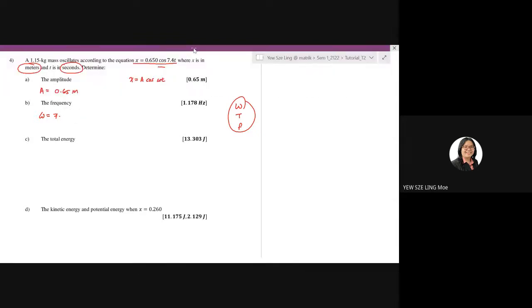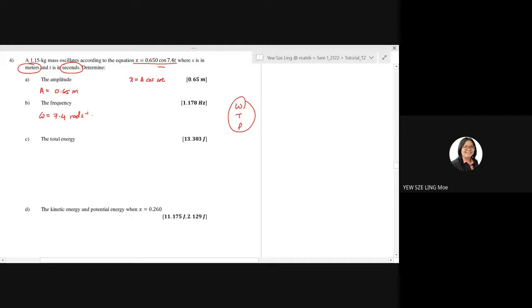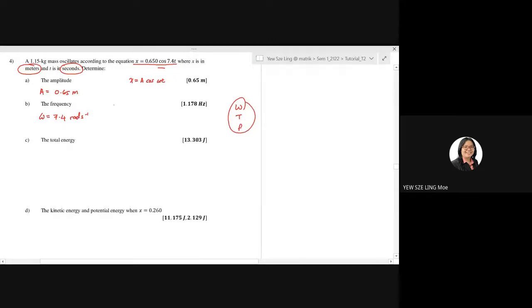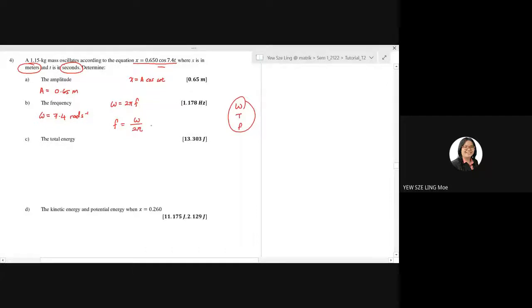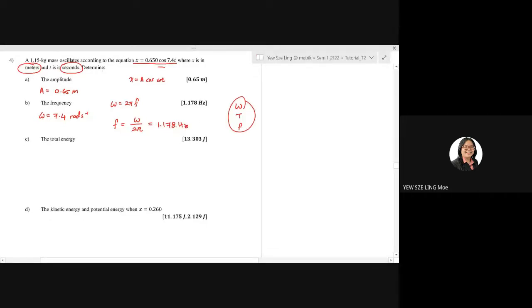So just 7.4 radian per second. So from here, I can then calculate f. I know omega is equal to 2 pi f. Therefore, f is equal to omega over 2 pi, which is then equal to 1.178 hertz.